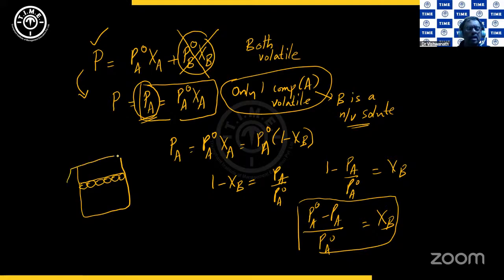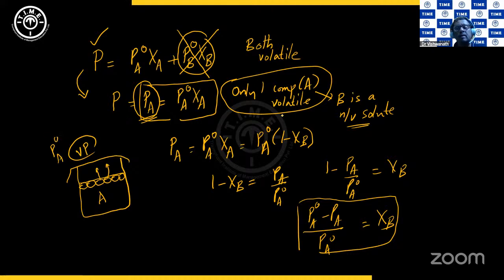And suppose I have a lid here. The molecules which are having greater kinetic energy can come out of this liquid and get into the vapor, and form vapor, and we'll get a vapor pressure at equilibrium. So vapor pressure is the equilibrium value of, let us say, A, right? And whatever is the vapor pressure of only A, that is PA naught.